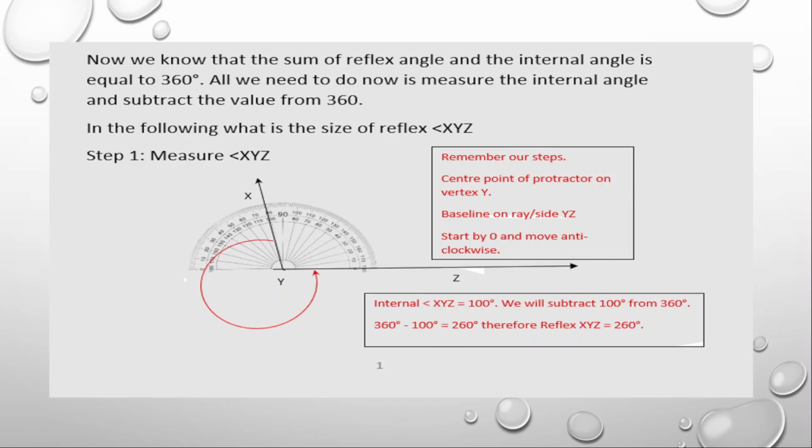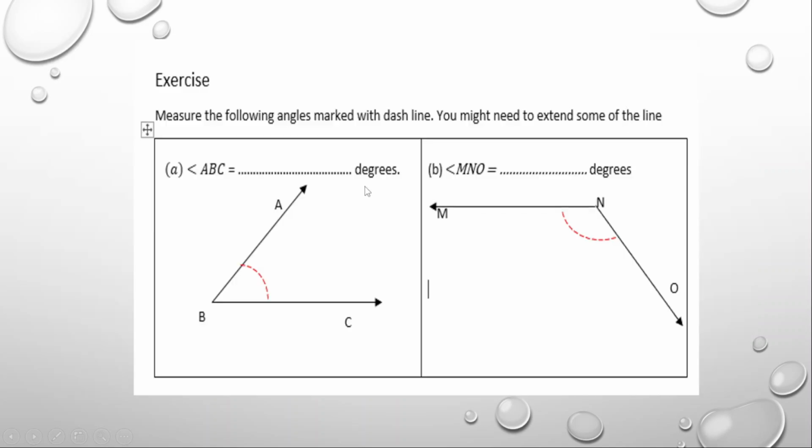So if you only want this part, we subtract 100 from 360. So 360 minus 100 is equal to 260. Therefore, reflex XYZ is equal to 260.